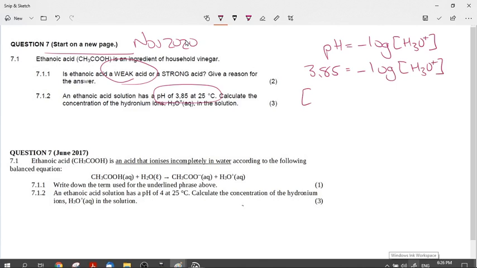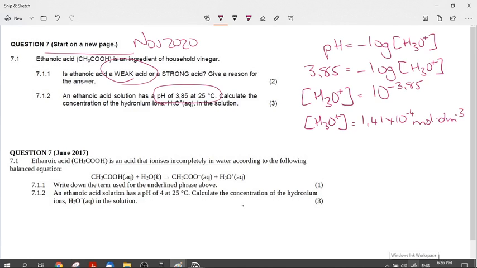So by algebra we must do an inverse operation to calculate the hydronium ion concentration, and the inverse operation of logging is 10 to the power of something, so it is 10 to the power of negative 3,85. So the hydronium ion concentration, if you put it in your calculator, is going to be 1,41 times 10 to the negative 4 moles per cubic decimeter, because that's the unit.